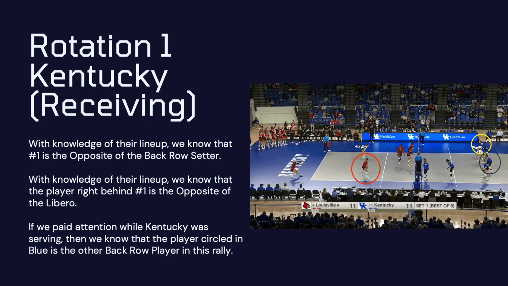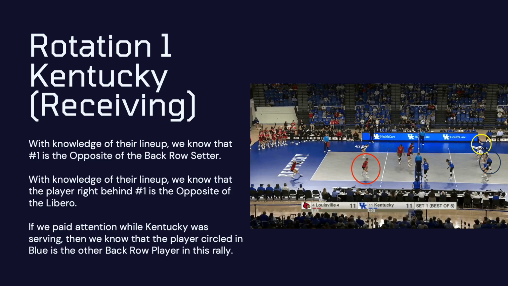If we were paying attention when Kentucky was serving in rotation 1, we should know our 3 back row players. But if for some reason we lost track of one of them, here's how we can regain the knowledge of our 3 back row players. We know that our setter was just our prior server for Kentucky, so obviously Kentucky's in rotation 1.